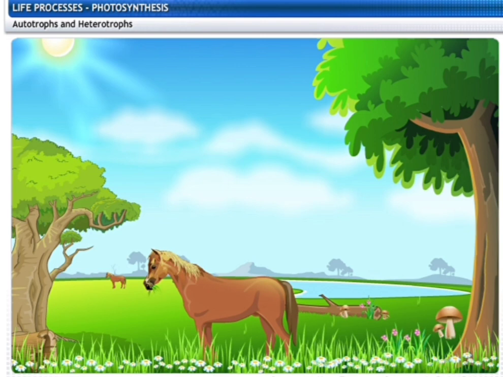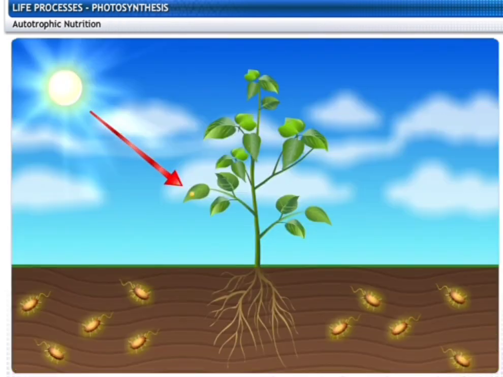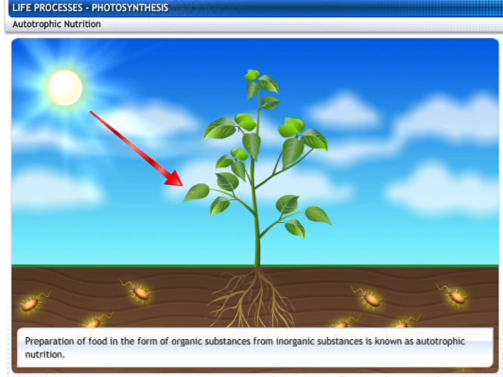The nutritional processes of living organisms are decided by how complex the organisms are. Plants and a few bacteria use inorganic substances to prepare their food in the form of organic compounds. So they are called autotrophs. The process of nutrition in autotrophs is known as autotrophic nutrition.